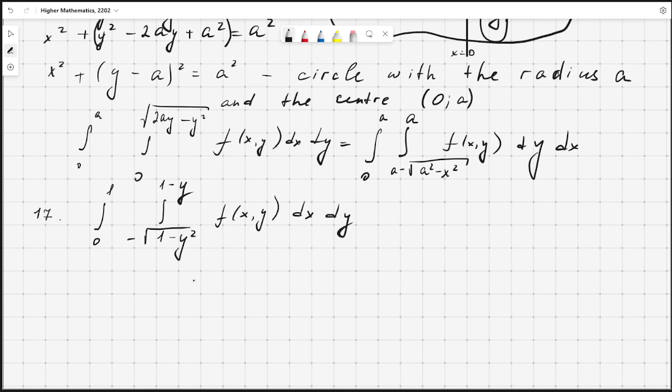In this case, x changes from this to this, from minus square root of 1 minus y squared to 1 minus y. And y changes from 0 to 1.